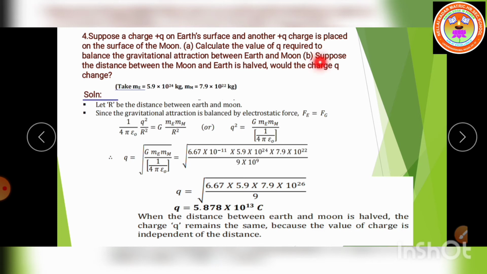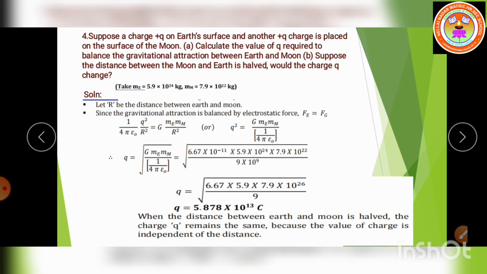Now listen, suppose the distance between the moon and the Earth is halved. If you see the charge formula we derived, Q is equal to the square root of G ME MM by 1 by 4 pi epsilon naught. This Q value is independent of distance.